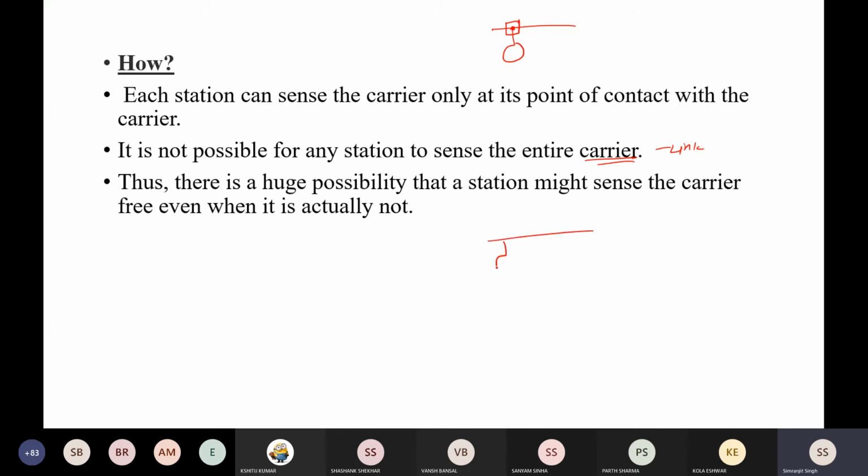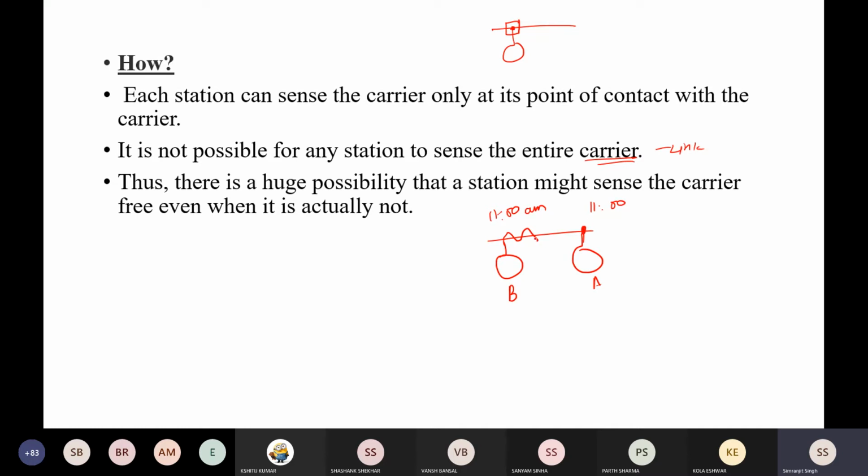So what is the meaning of this? Suppose this is station A and this is station B, and B is sending a message, and till 11 a.m. B is sending the packet. At 11 a.m. this particular station senses at its point of contact.